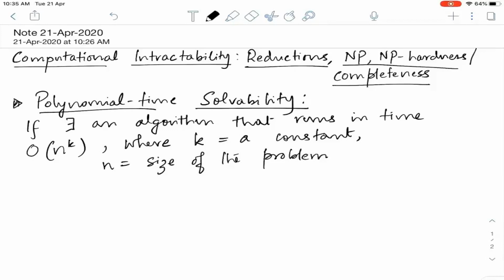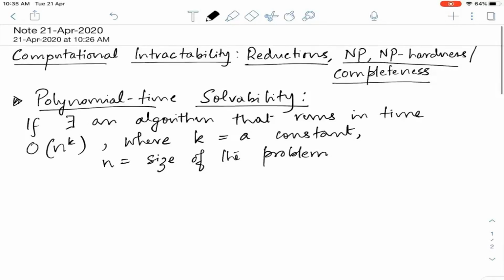And how do we define the size of a problem? Well, it's the number of bits required to describe the problem.